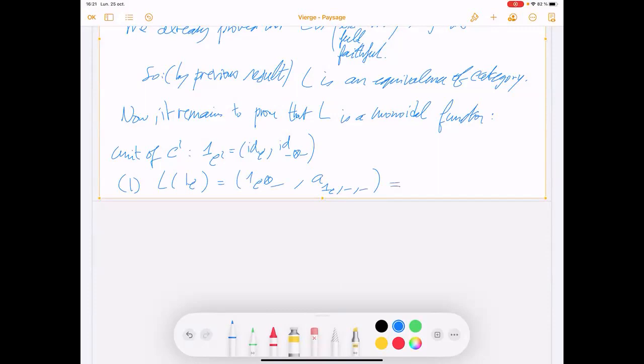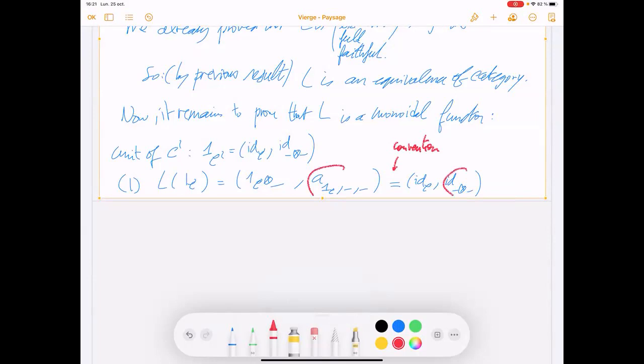And this is equal, again by convention, just to identity of C. As we said many times, if you have a 1 in an associativity constraint isomorphism, then this is identity.